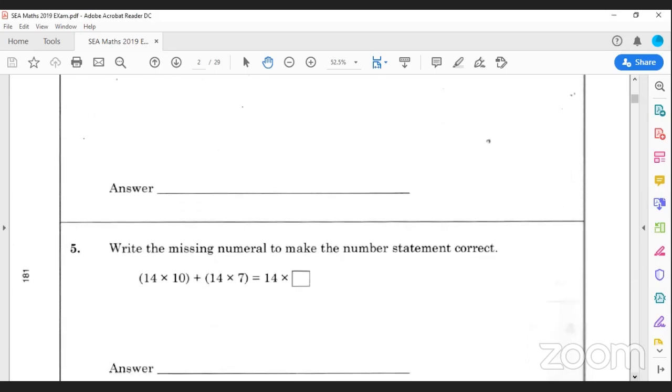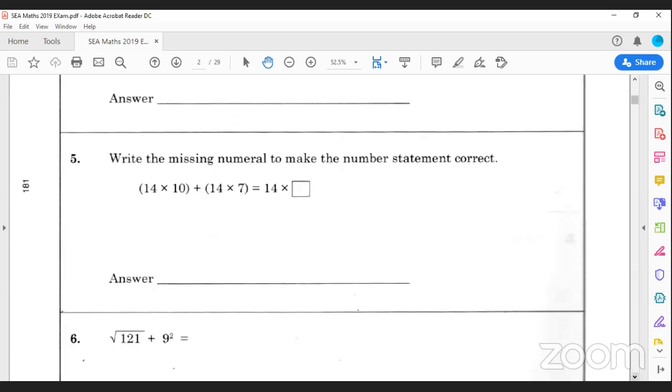Question number 5. Write the missing numeral to make the number statement correct. Here we have 14 multiplied by 10 plus 14 multiplied by 7 is equal to 14 multiplied by what? 14 multiplied by 10 will give us 140.